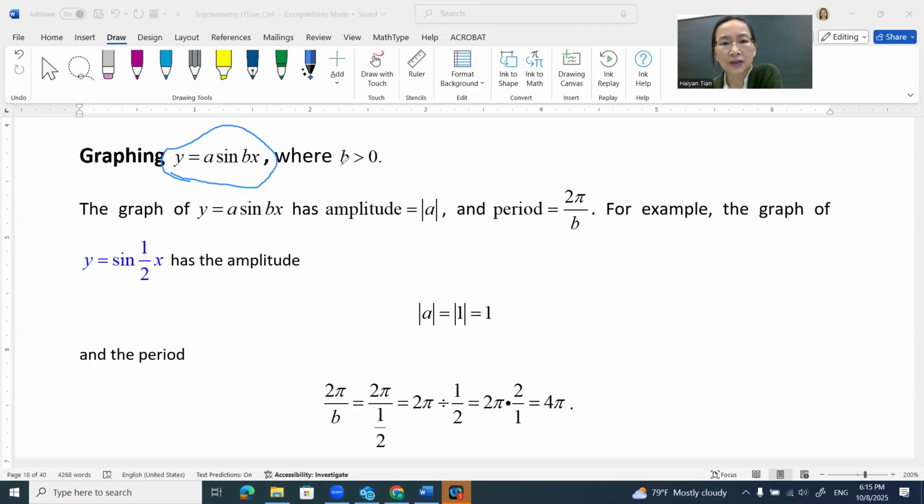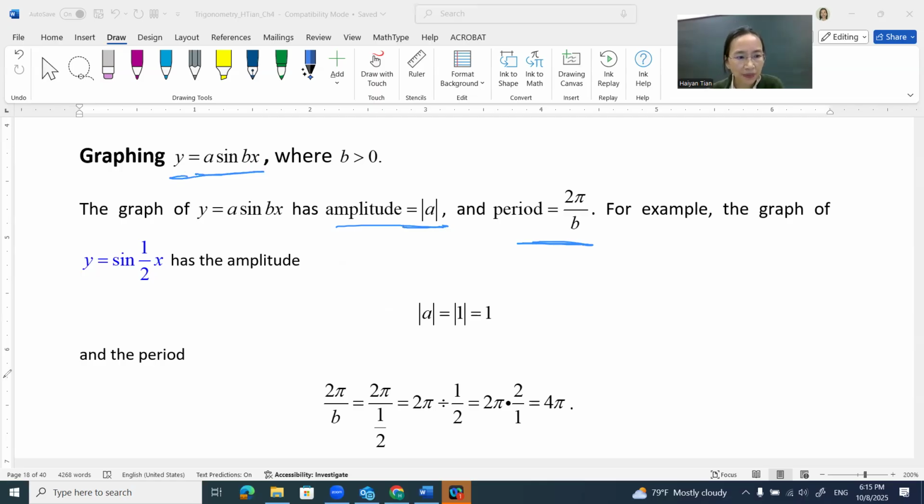We know this function has amplitude that is the absolute value of A. We know this function has the period 2 pi over B. So we know the main features, because its period is determined by B and its amplitude is determined by A. That's the important information we can know from the given form.